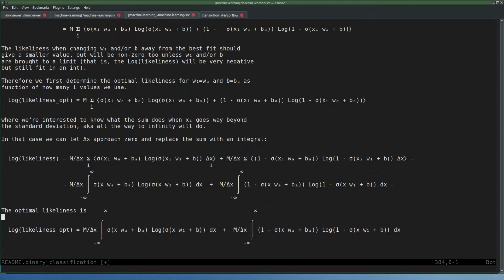Let's move it one down. Yep, where optimal means that we replace this with the actual values.